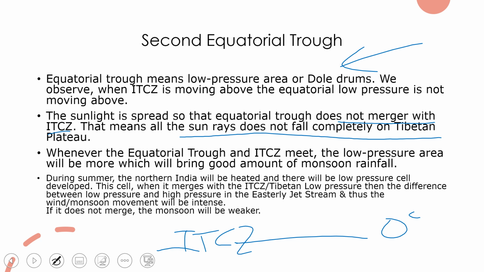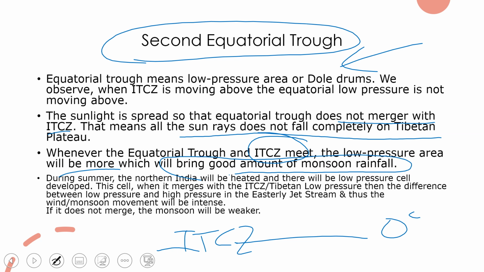When this equatorial trough and the ITCZ meet, the low pressure area will be greater, and this will bring a good amount of monsoon rainfall in India. That is something called the second equatorial trough.